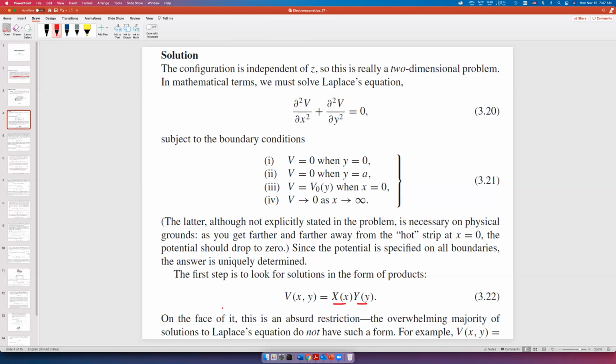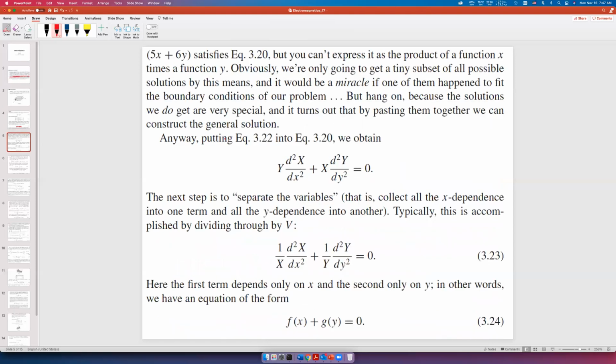So the whole function is simply described by two functions, each of one variable.